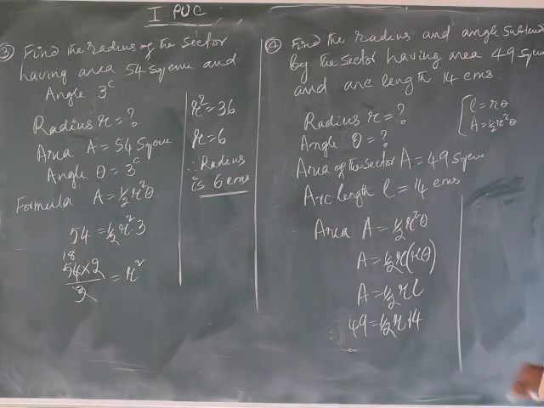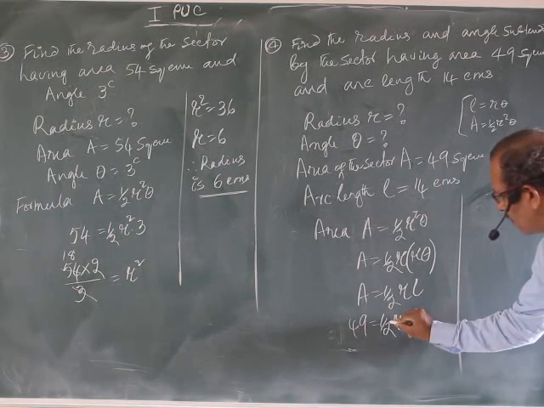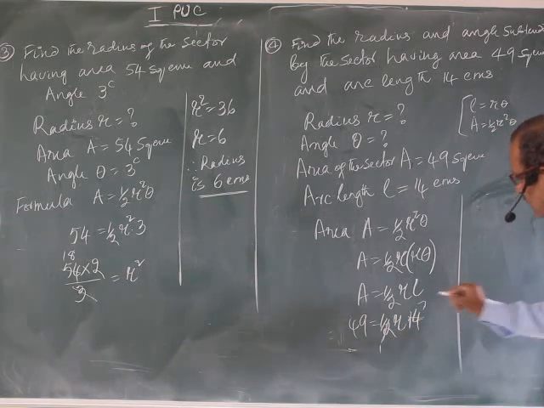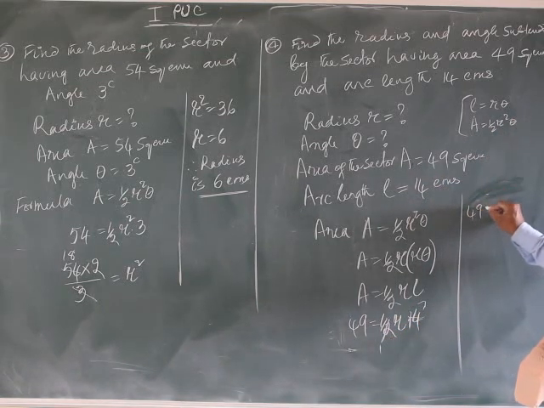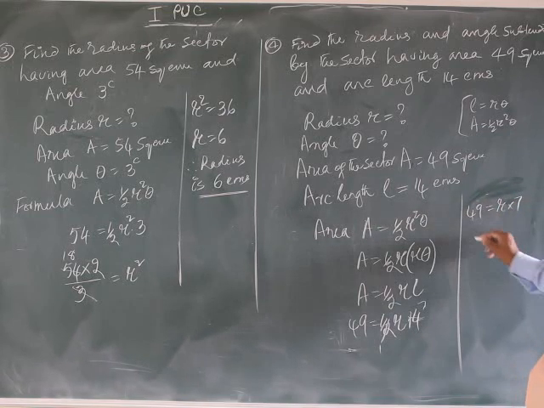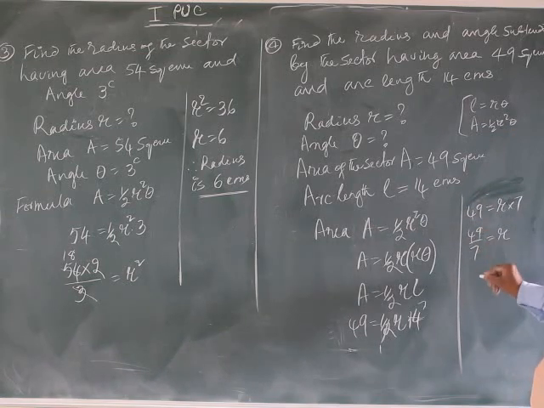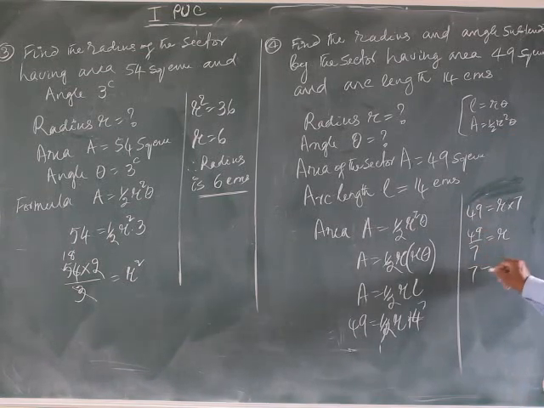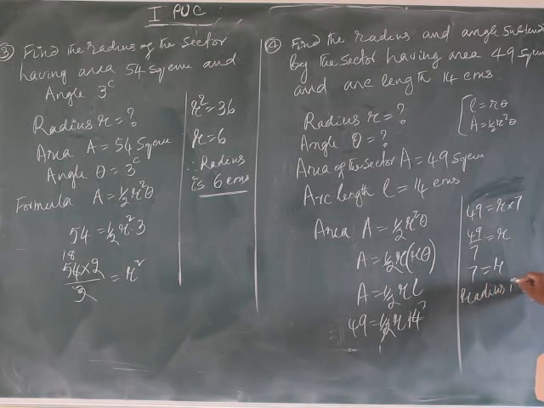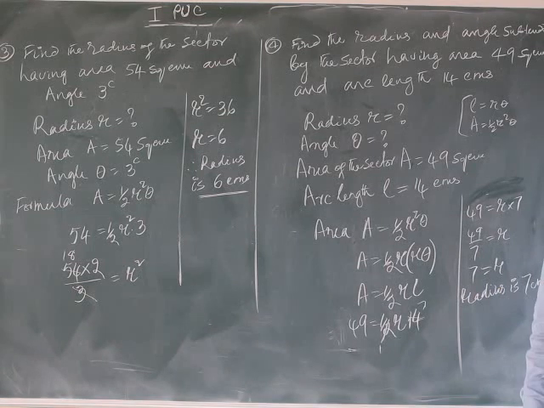Let me do the simplification here. 49 equals half into r into 14; the 2 cancels, 2 sevens are 14, so 49 equals r into 7, or 49 by 7 equals r, so 7 equals r. Radius is 7 centimeters. See, you got that.